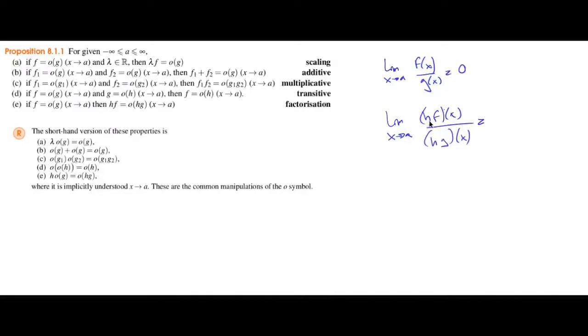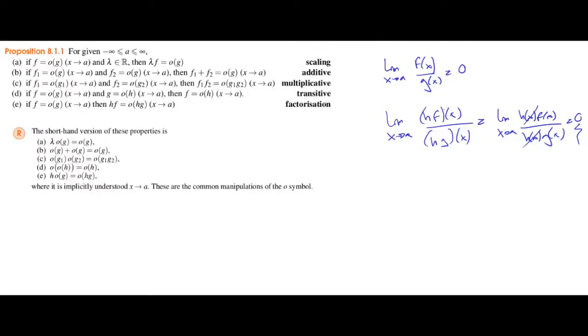But we can factorize and express this like this: h at x times f at x over h at x times g at x, right? And then h and h cancel out, and you have f divided by g, but we know that that limit is going to 0.